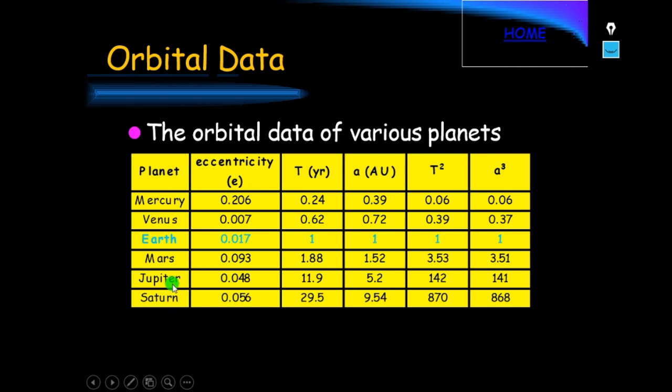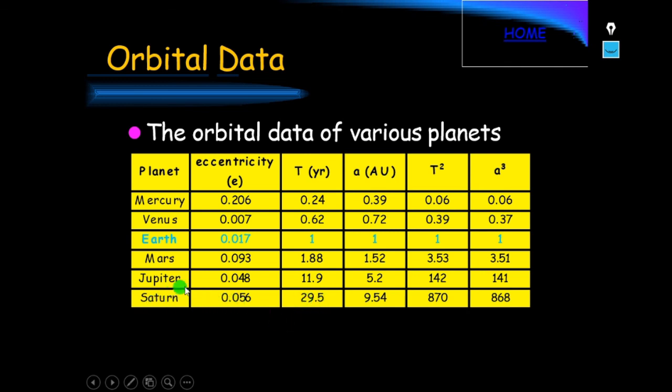If you see Jupiter, Jupiter is still farther than Mercury, Venus, Earth and Mars. So it takes nearly 11.9 years, that is near about 12 years to revolve around the sun. Saturn takes still more time, nearly 30 years for one revolution around the sun.